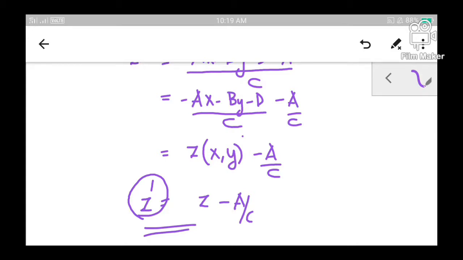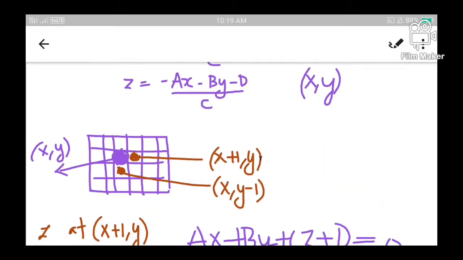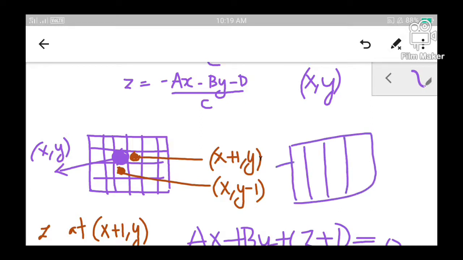So the depth at position x plus 1, y can be computed as depth at position xy minus a by c, which means for every pixel, the depth will be equal to the depth of the previous pixel minus a by c. I repeat, if this is the screen and it has a number of rows and columns, the depth of a particular position can be calculated as the depth of the previous position minus a by c.